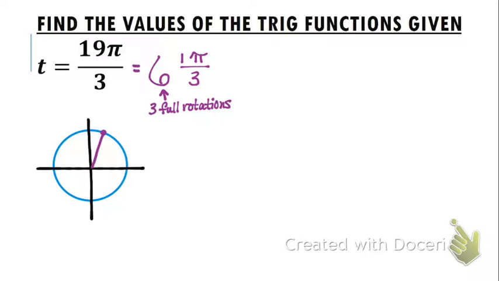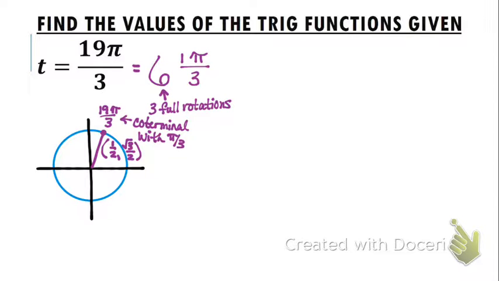This is 19 pi/3, which is coterminal with pi/3. What is this ordered pair? Square root of 3/2, yes.